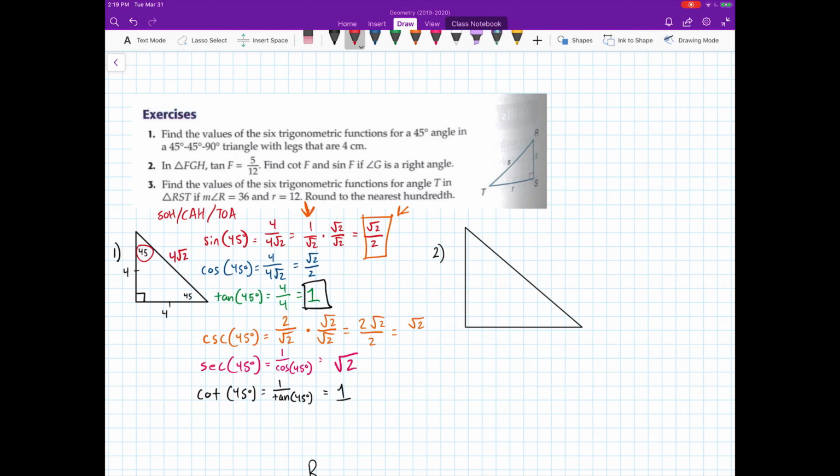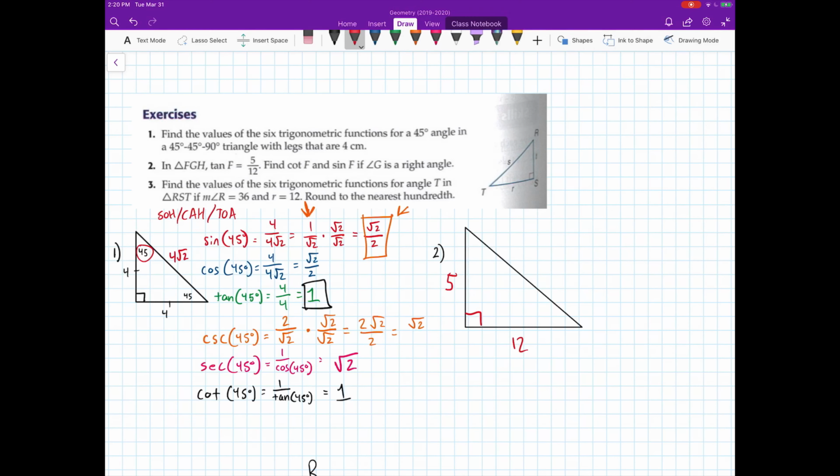And there we have FGH, tan of F is 5 over 12. Find this other stuff. So the first thing we got to do here is figure out where we're going to put the F, the G, and the H, and the 5 and the 12. So I drew a triangle. I'm going to put the right angle here. I'm going to add the 5 and the 12 first, right?